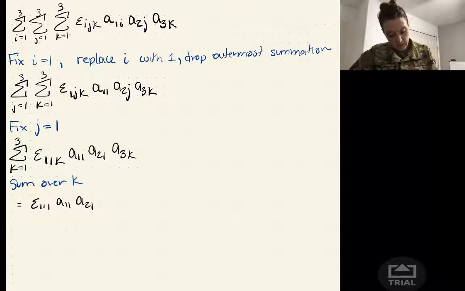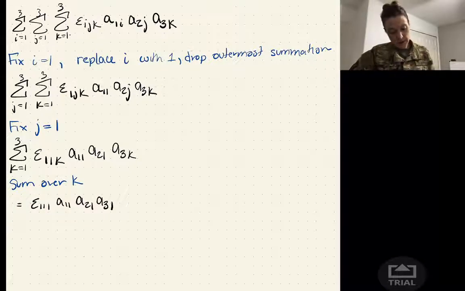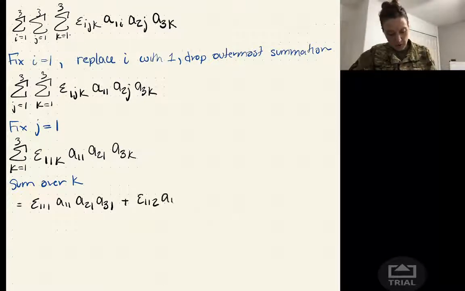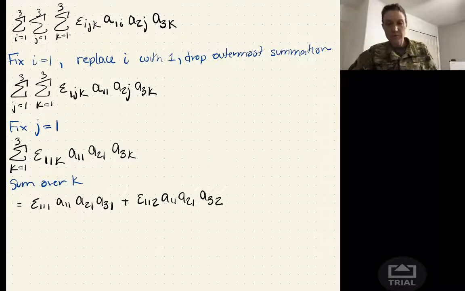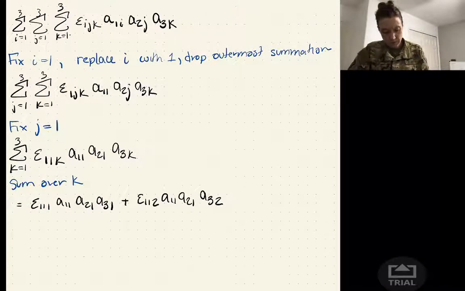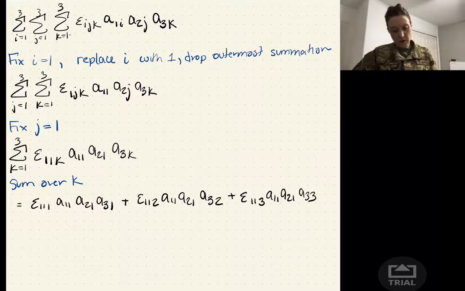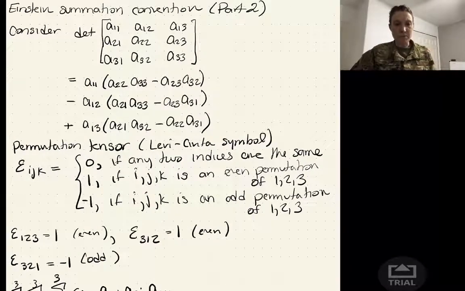For the first term we have a31, because k is equal to 1, plus epsilon 112, a11, a21, a32. Now k takes on 2. Plus epsilon 113, a11, a21, a33.